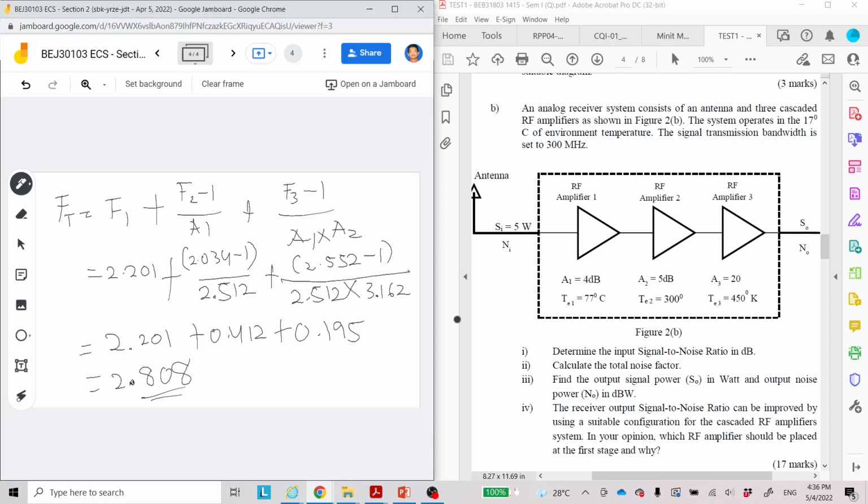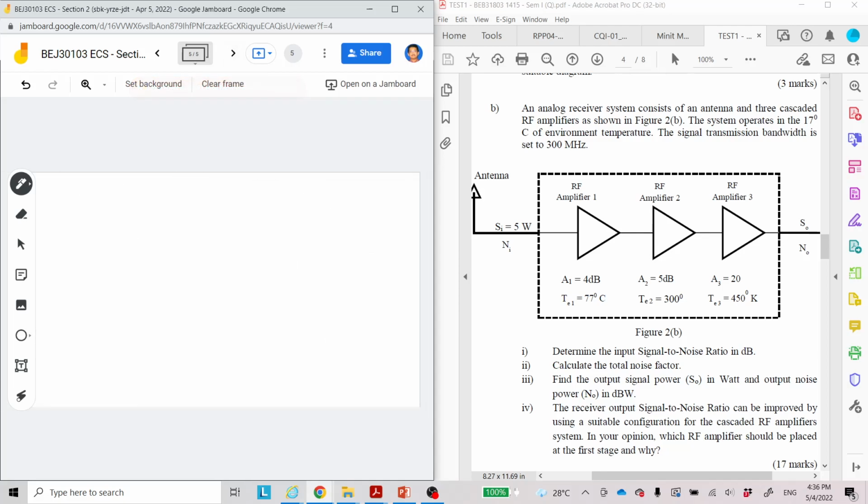So the third question says to find the output signal power SO in watt and output noise power NO in dBW. So how to do that? I use the next slide.